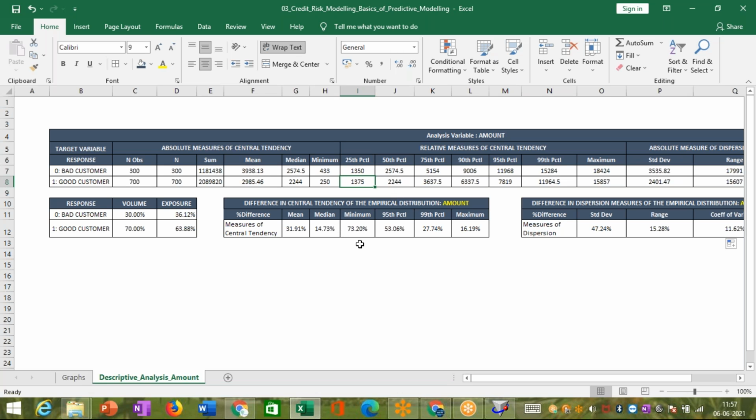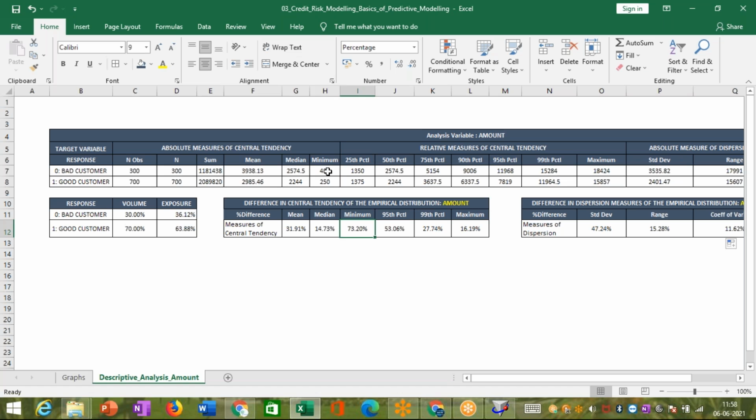So you can see that at each stage this difference is increasing. The difference between the minimum values is the highest over here, right? As you move to the higher percentiles, the two values start becoming closer, and the maximum values are relatively closer than the minimum values.